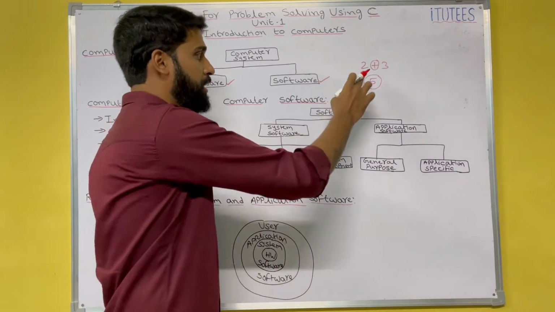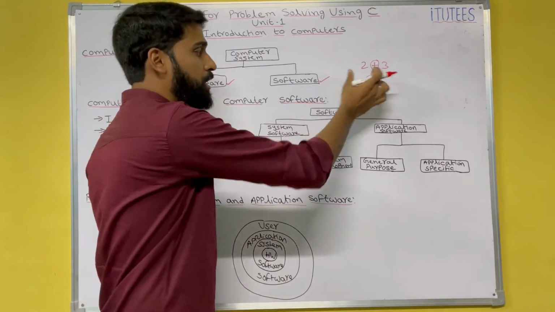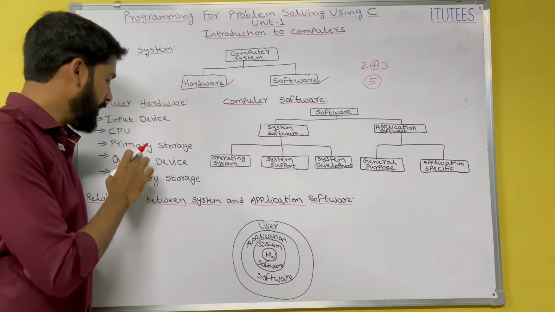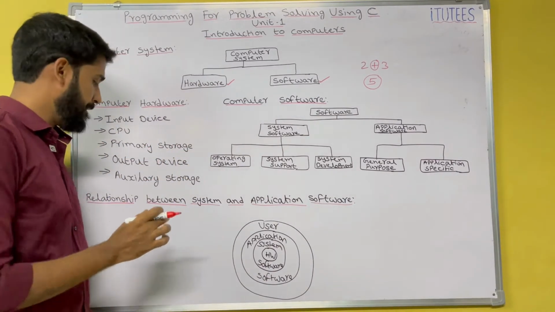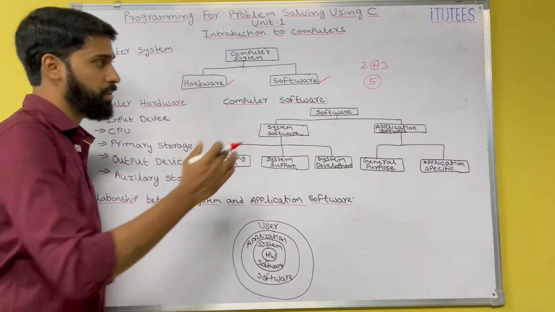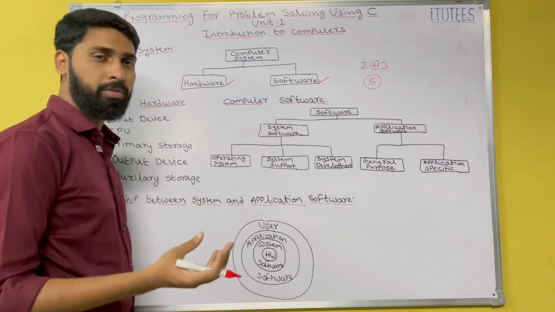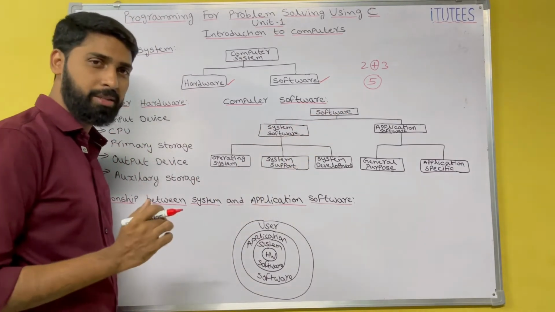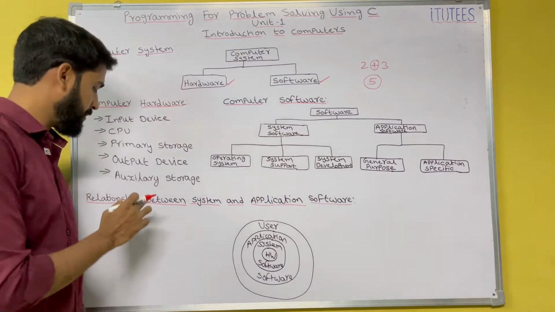In my mind, these 2 and 3 are stored, that means some storage is there in my mind. Similarly, your system also has some primary storage. And output device: when you ask 2 plus 3, I say 5. My mouth is an output device, and similarly the system also has output devices.